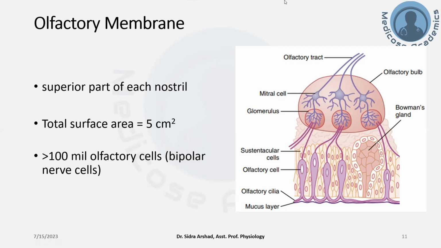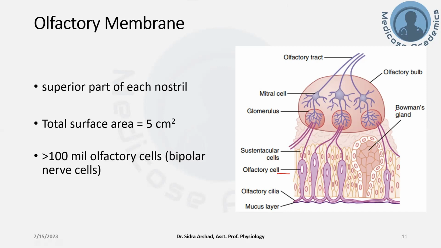So this is the organization of the olfactory membrane. You can see right over here, these are the olfactory cells interspersed between the supporting and sustentacular cells. The olfactory cells extend olfactory cilia into the mucus layer of the nose. These olfactory cilia are the regions where the olfactory receptors are present, and the odorant molecules bind to these olfactory cilia.